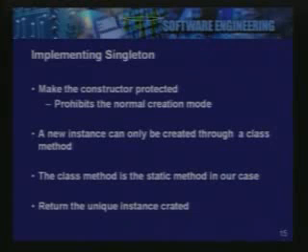It prohibits the normal creation mode, and then a new instance can only be created through a class method, which is described as a static method, and the class method can then be called by an environment to get the instance. And if you call it again and again, the method can be programmed to check whether an instance has already been created or not. The instance is also a class variable. If the instance already is available, then it returns the same instance. There is a unique instance for this class.